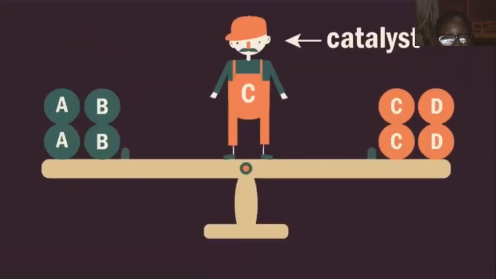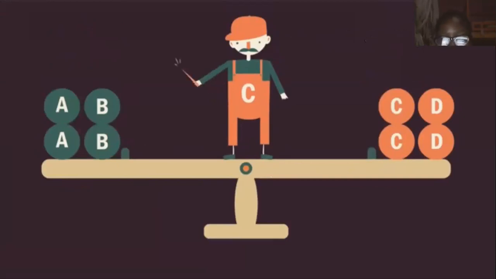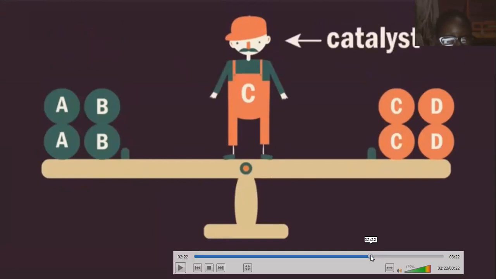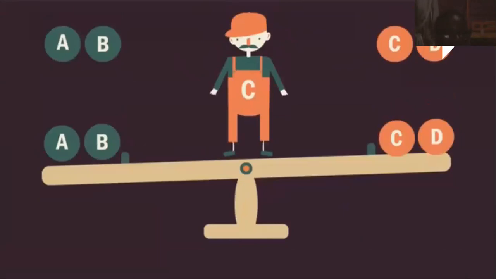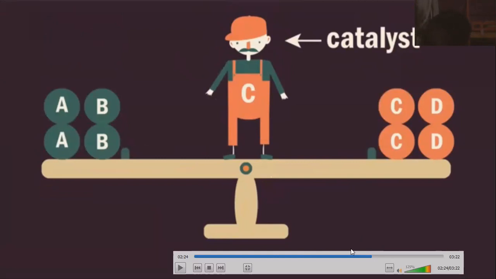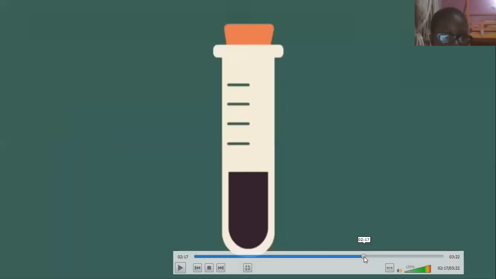Addition of a catalyst does not affect the position of equilibrium. Did you write that? That was very instructive. The addition of a catalyst does not affect the position of equilibrium.